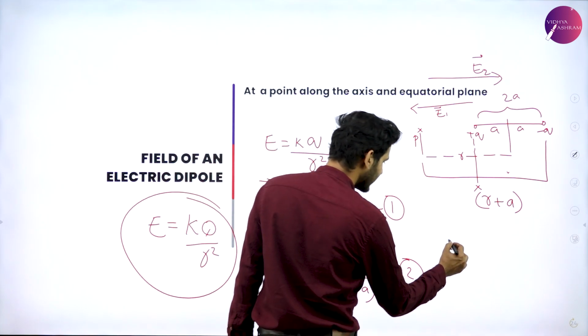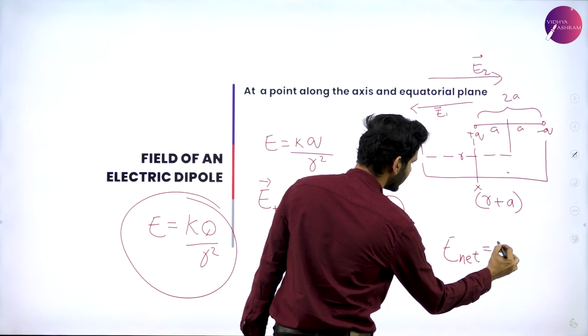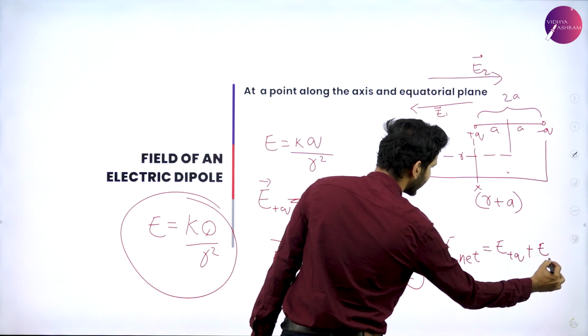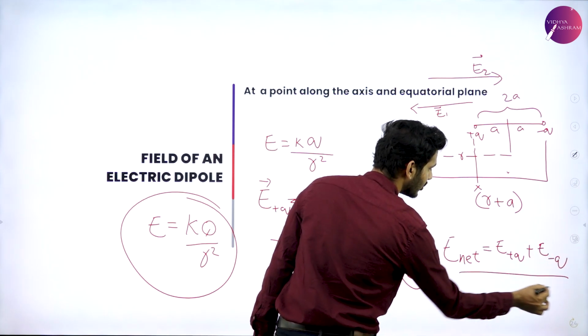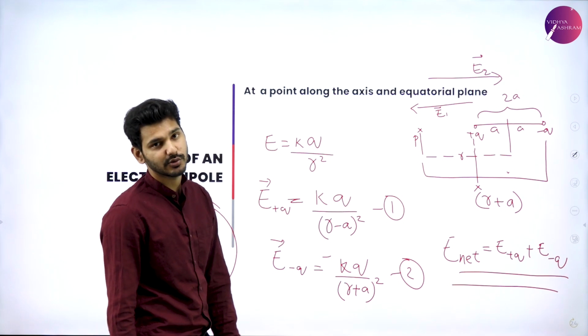So to find out E net at point P, we have to find out E plus Q plus E minus Q. So we are going to find out what this actually means. We are going to add these two equations together.